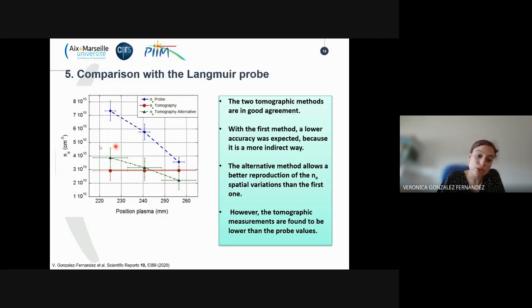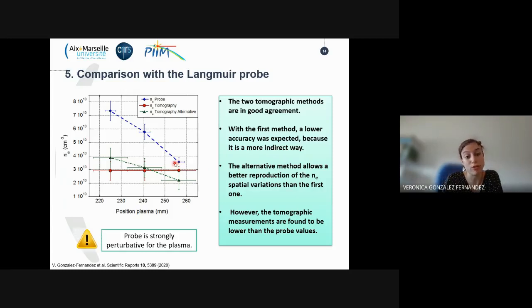However, the two sets of tomographic measurements are always lower than the values obtained by the Langmuir probe. But we can explain that by saying that the Langmuir probe is strongly perturbative for the plasma, especially if we are at the center of the plasma. So this can explain the difference in the values.